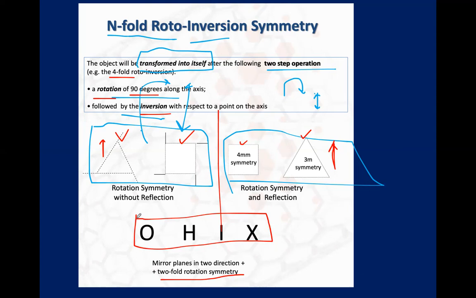Then you will find at two stages the correct rotation. That is how you define roto inversion. So always remember, roto inversion provides you a mirror plane symmetry at a certain stage.